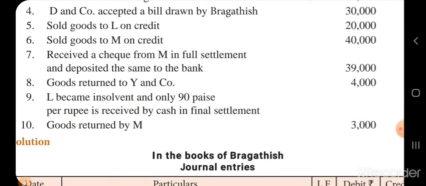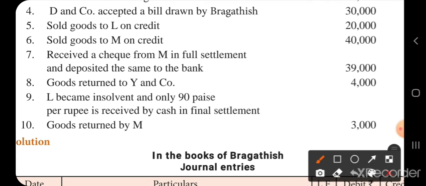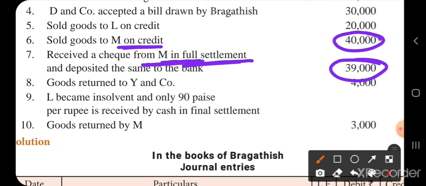received a check from M in full settlement and deposited the same into the bank. See here, received from M. Actually, you should receive how much? Bragadish should receive 40,000, but they say it is full settlement and they receive only 39,000. Okay, that means what? It is a discount allowed.